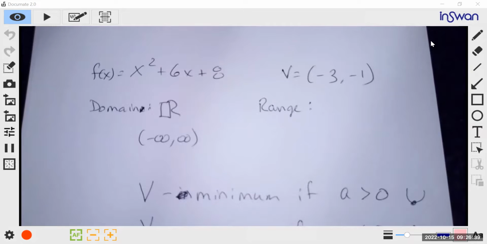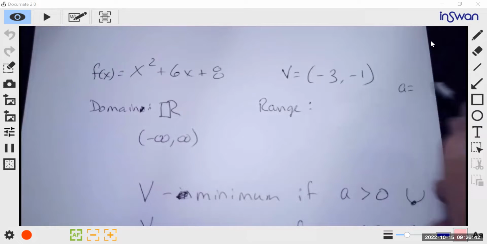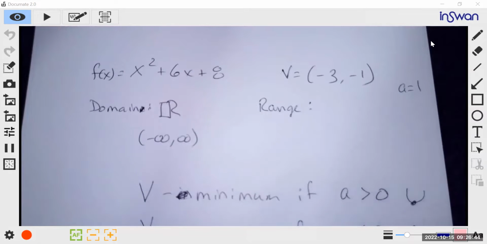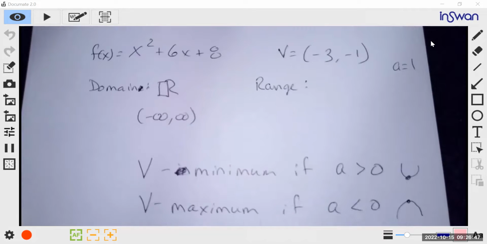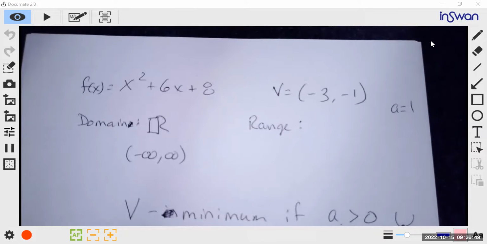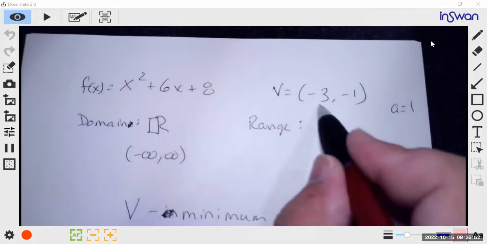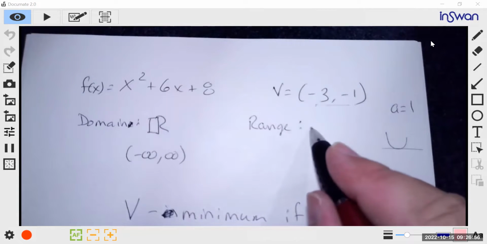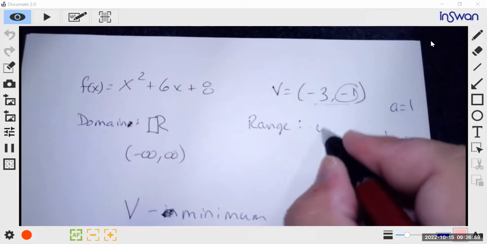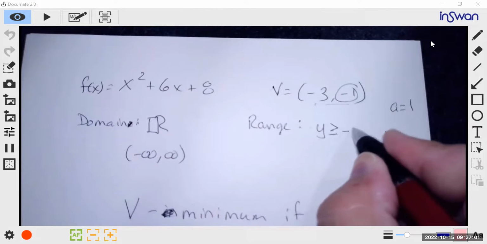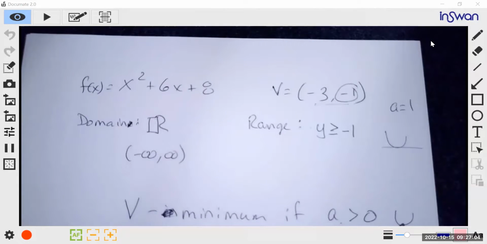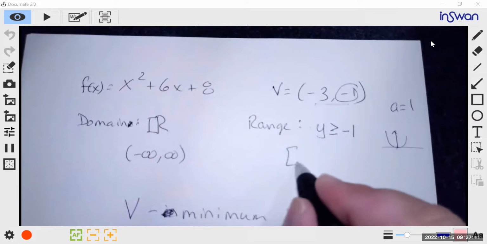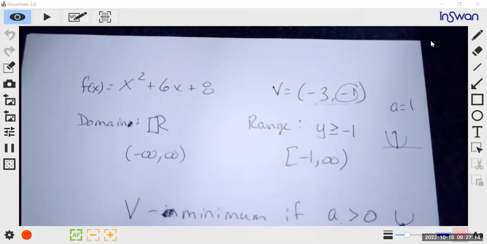So what's our A value? Is it positive or negative? A is positive, therefore we have a minimum. In other words, this vertex is the lowest point of our graph. So the range is all the y values equal to or bigger than -1, since it opens up. Or we can say -1 to infinity.